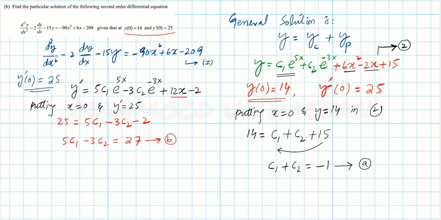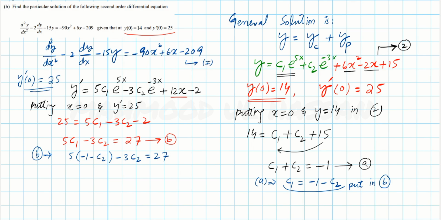Okay, so now we are going to solve equations A and B to find the values of C1 and C2. Let me write equation number A, and solve this equation for C1. So the value of C1 here would become minus 1 minus C2. Okay, so just put this value in equation number B. So this implies that 5 times C1, which is minus 1 minus C2, then minus 3 times C2 is equal to 27.